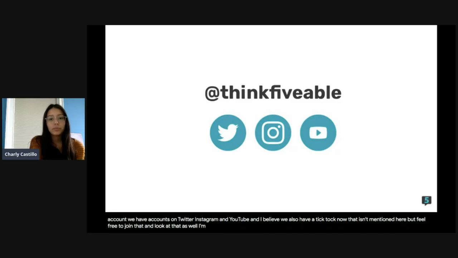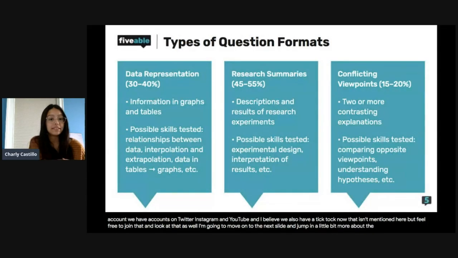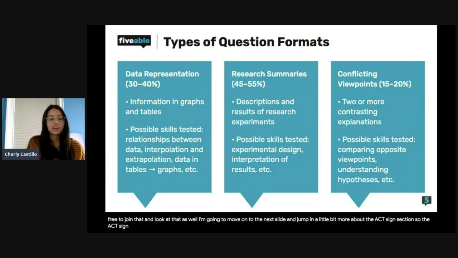So I'm going to move on to the next slide and jump in a little bit more about the ACT Science section. So the ACT Science section is the science section, of course, but it is split into different types of topics.